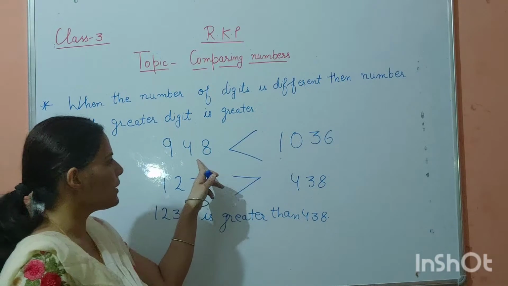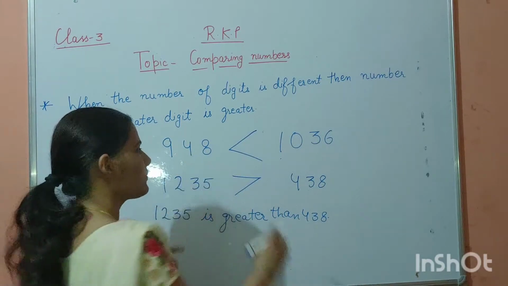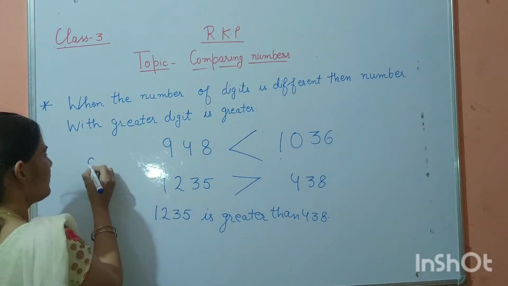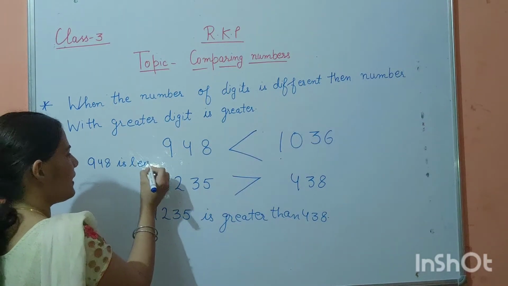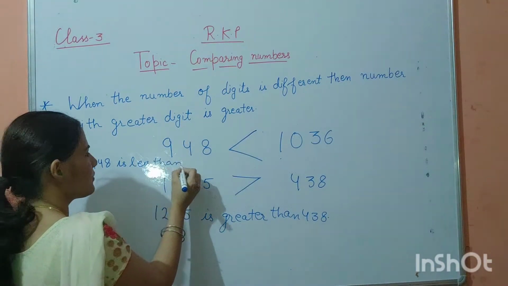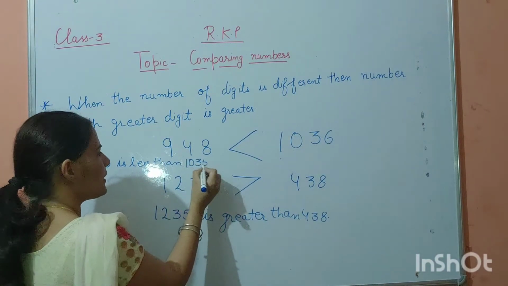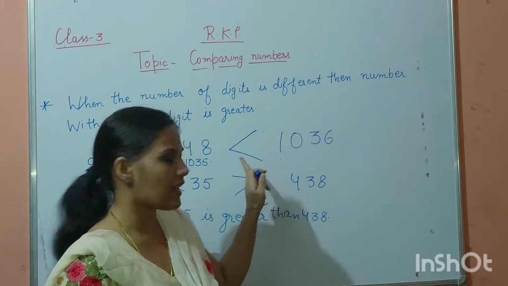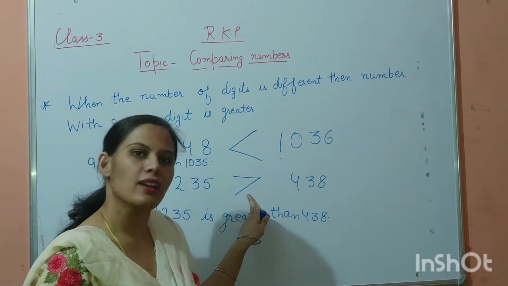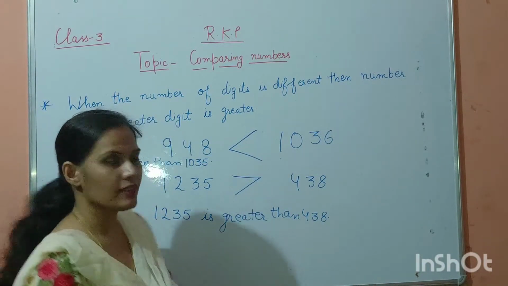And in this number, what will you say? 948 is less than 1035. Means this sign shows the less than sign, this sign shows the greater than sign.